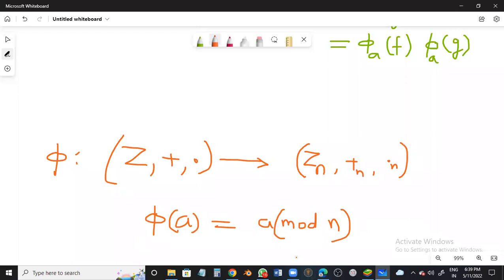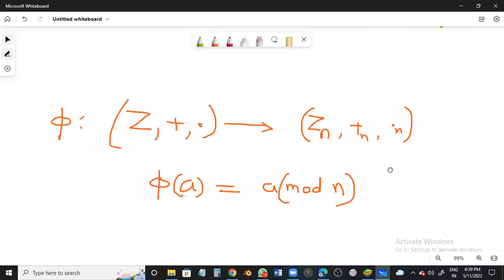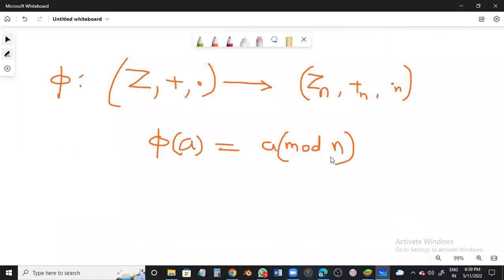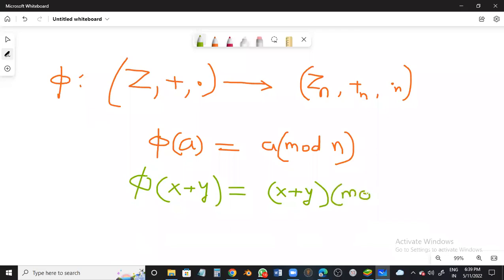Very naturally this phi is a ring homomorphism. Phi preserves addition, phi preserves multiplication. If you select any x and y and add them, the output is x plus y divided by n, and whatever remainder you get is your output.